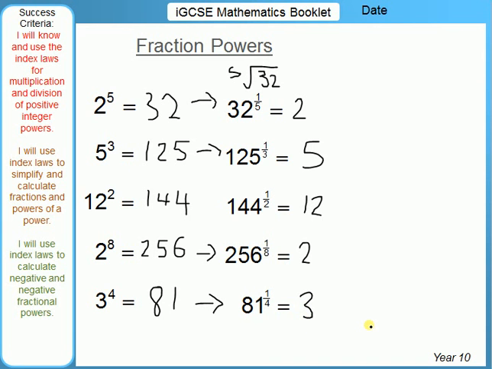So I've designed my examples to show the link between ordinary powers, so 2 to the power of 3 for example, and then see what the relationship is with the fractional power as well.